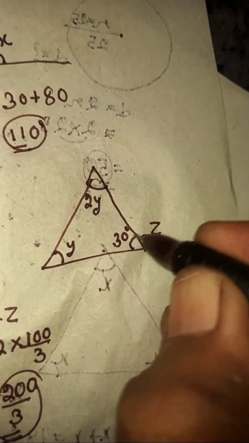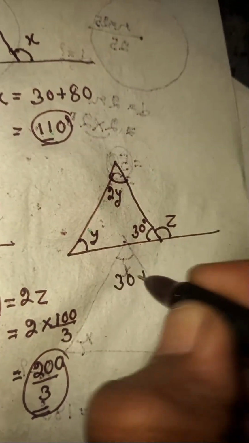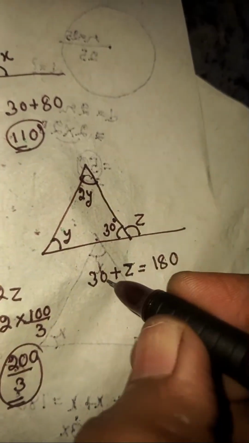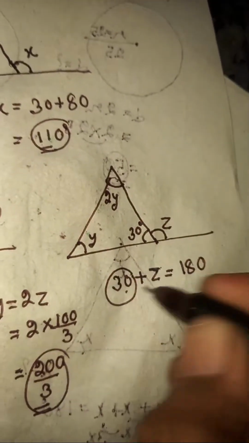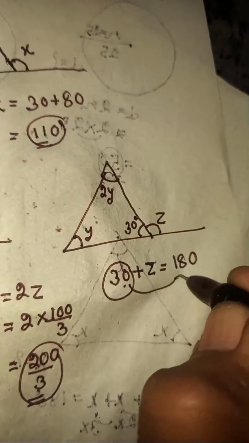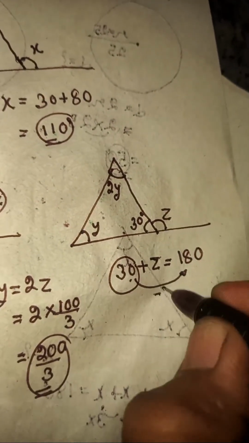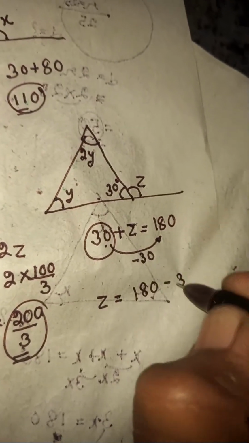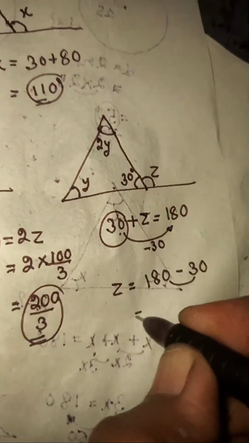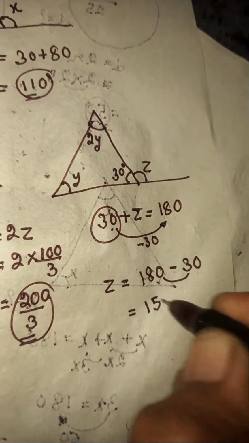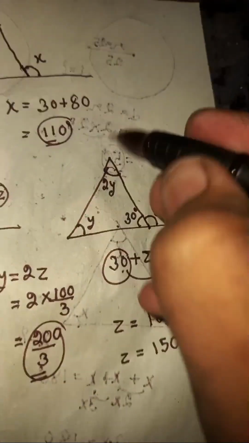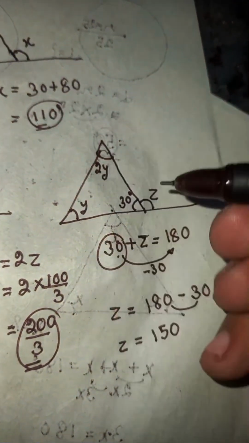These are angles on a straight line, 30 plus z, so they're going to be equal to 180 degrees, and this 30 moves that side, it is plus 30 and becomes minus 30. Now you can get z as 180 minus 30. 180 minus 30 means it is 150. That is the value of z. The z value is 150. You can now find out those two values.